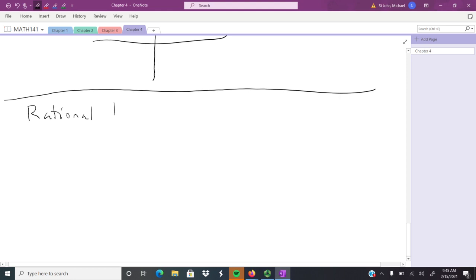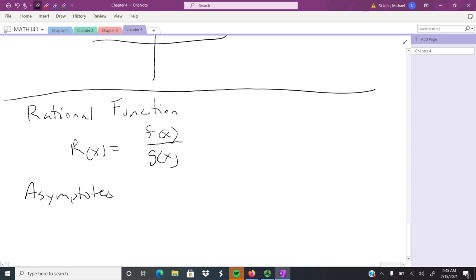So a rational function, just like a rational number, is something that is in the form of a fraction. So we can talk about asymptotes of this. So first off, vertical and horizontal.